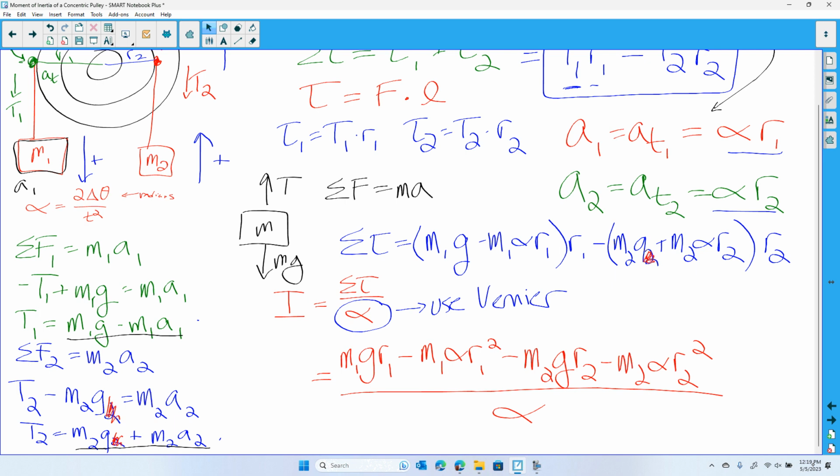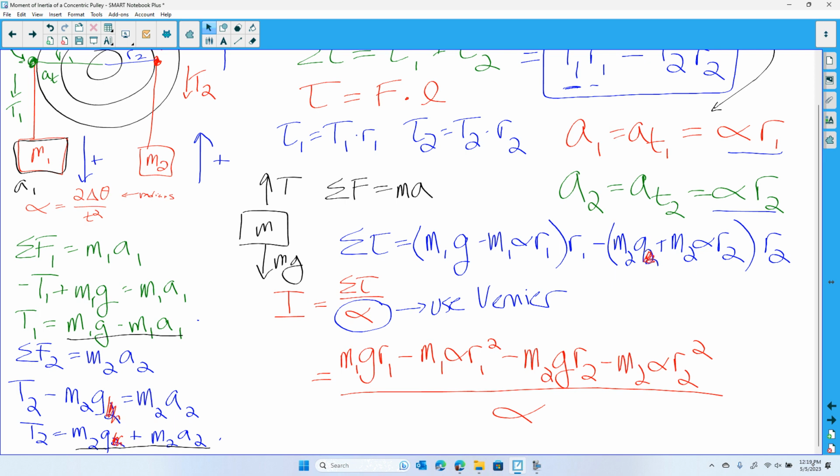You don't have to use a stopwatch. All you have to do is set it up on the computer and have the computer tell you what the acceleration is as this thing unwinds. Then you've got two masses hooked up to it, measure the mass of those two, measure the distance that the string is from the center of rotation, and you're in business.